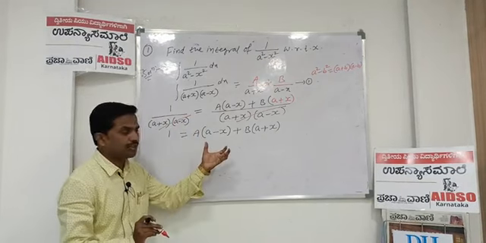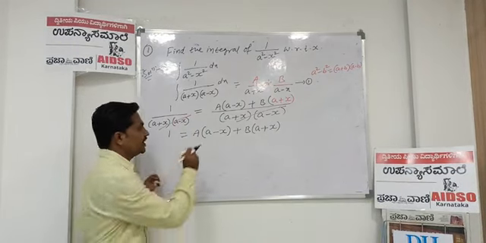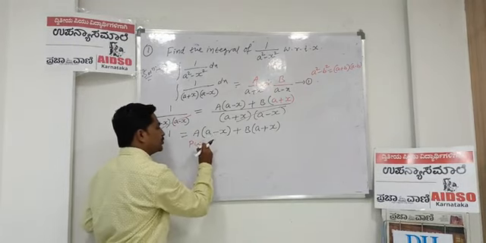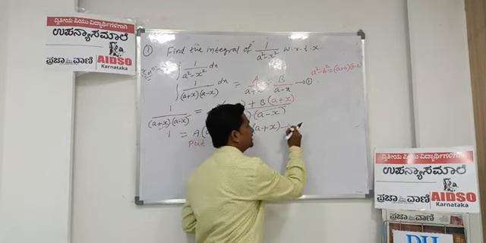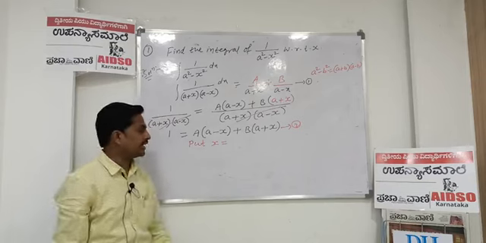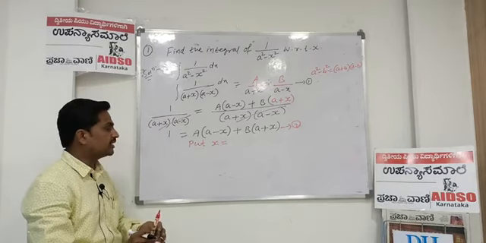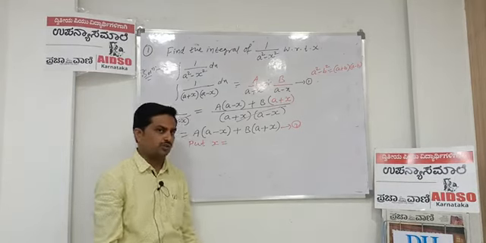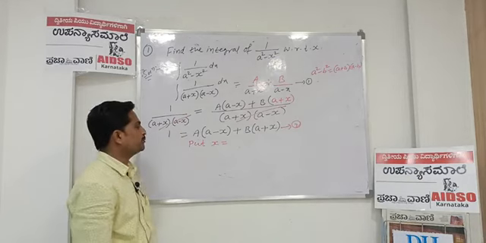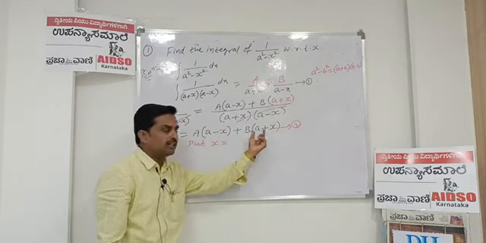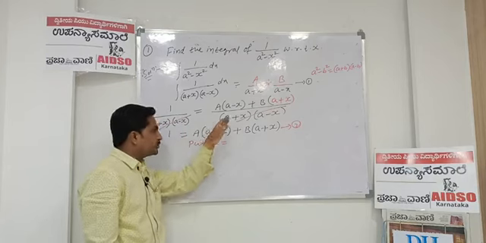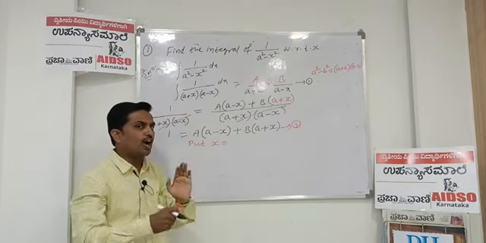Put x equals, this is our equation 2. How do we select the values of x? It is again quite simple. To get the value of b, we need to cancel the a part. How do we cancel it?